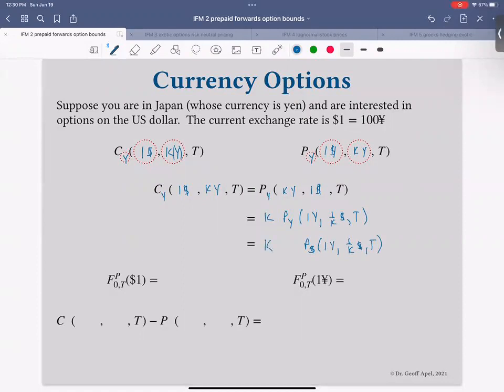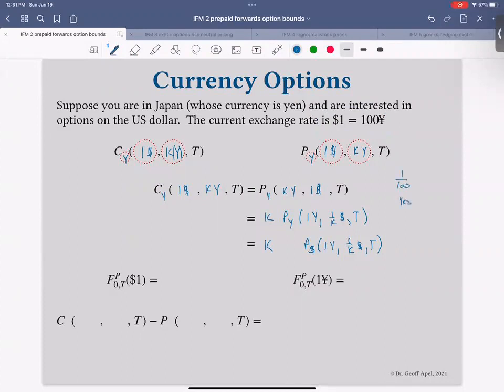Now my big question is: if I have a dollar equals 100 yen, am I going to multiply this by 1 over 100 or 100 over 1? Maybe I can get your thoughts on it. Maybe you can use the reaction buttons. For yes, do you think it's 1 over 100?